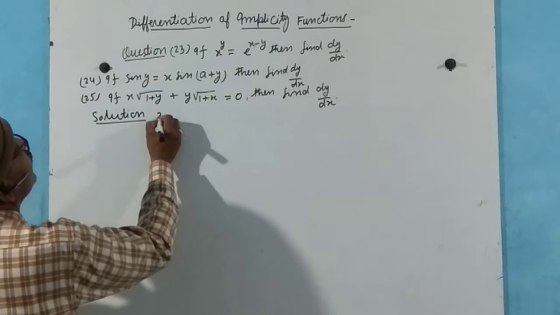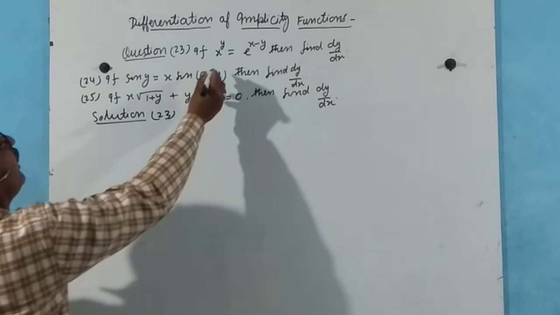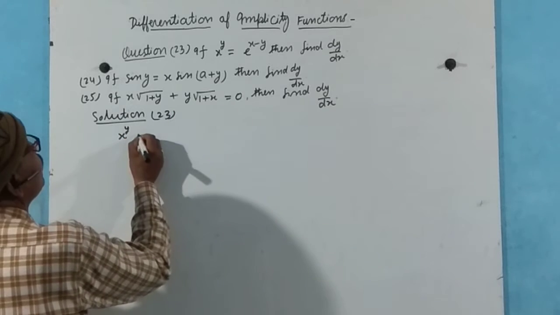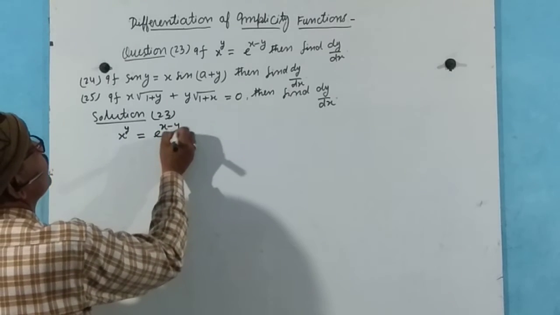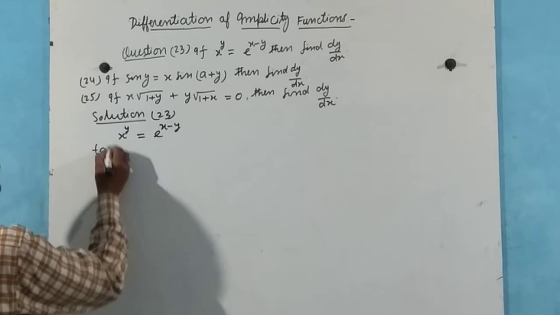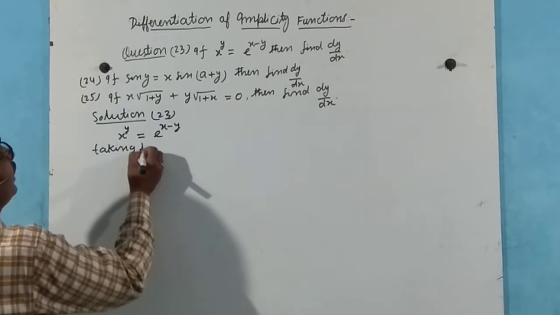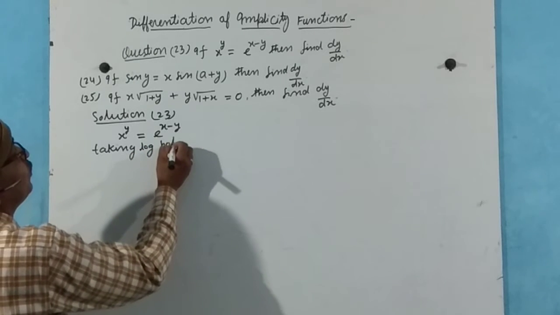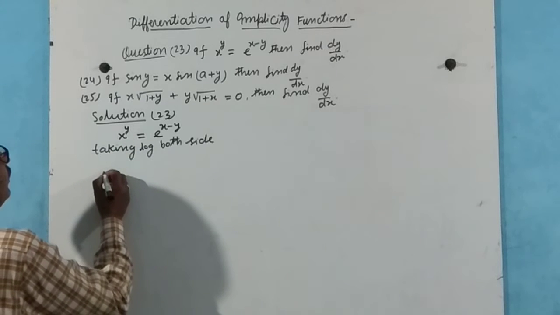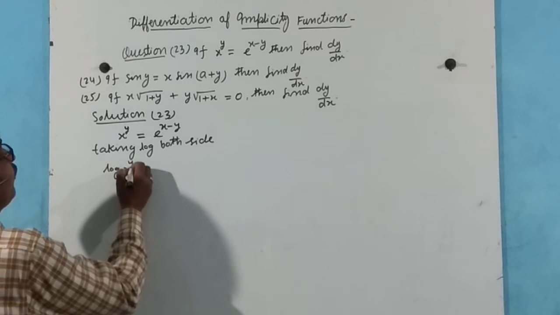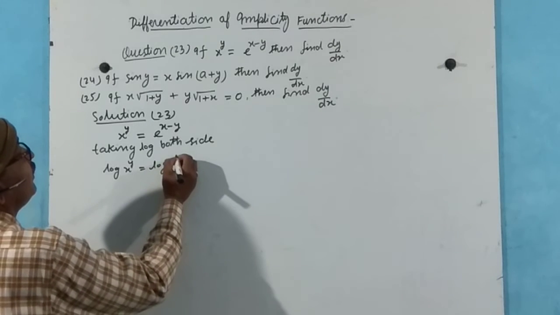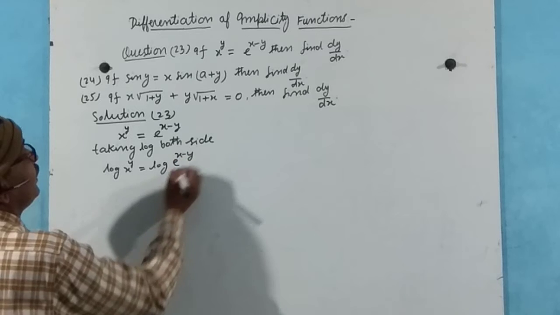Solution. 23. Given x to power y equal to e to power x minus y. Now taking log both sides, log x to power y equal to log e to power x minus y.